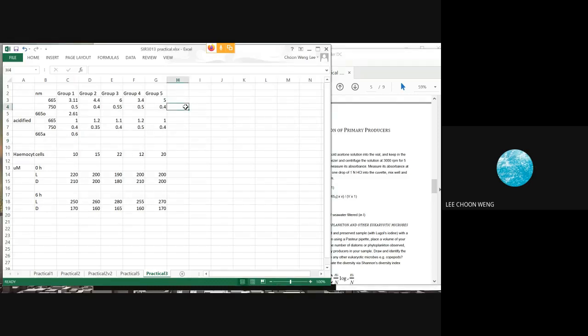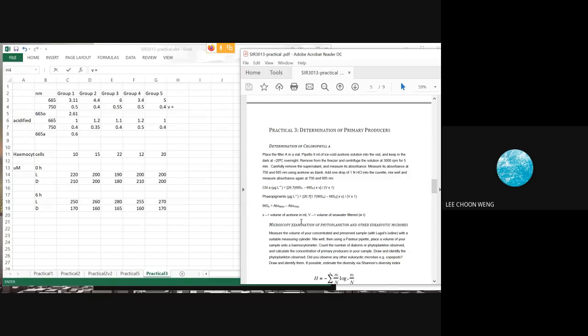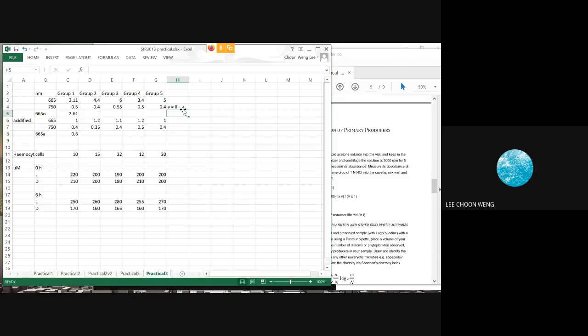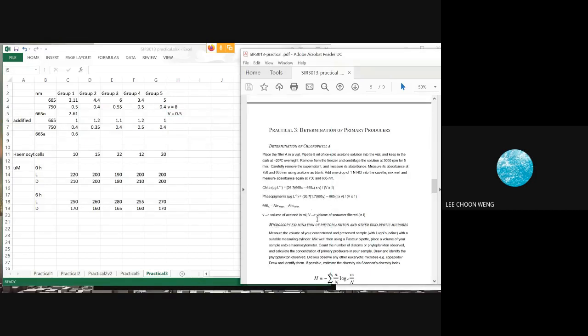Remember your small v equals 8 ml, and the large V equals 500 ml, so it's 0.5. Because for the formula, we've already taken into account that the volume of acetone will be in ml, whereas the volume of the seawater filtered will be in liters.